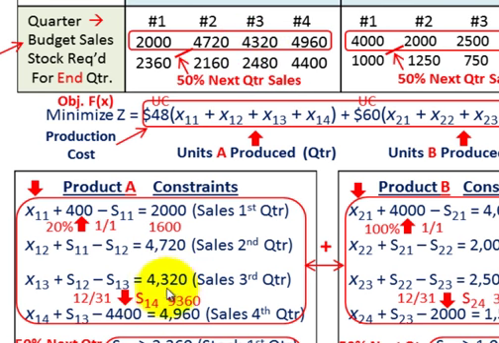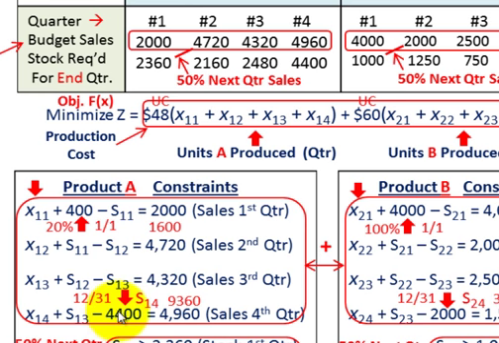Okay, and then we're going to end up with the last figure for the fourth quarter. Just understand how this works in. So our requirement here, X14, the units that we have to produce for the fourth quarter, plus you add in the stock that we had at the end of the third quarter. And this is the case where, at 12/31, we determined that we're going to need 4,400 units on hand.